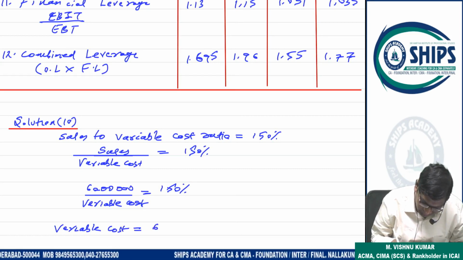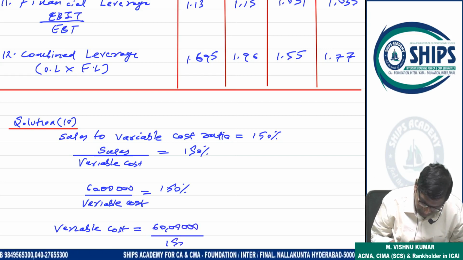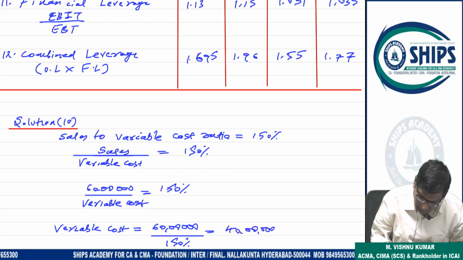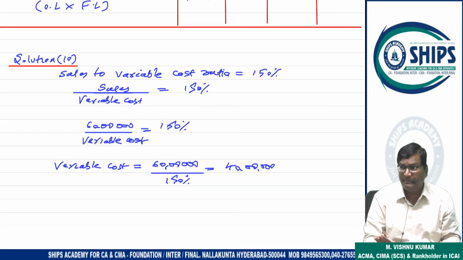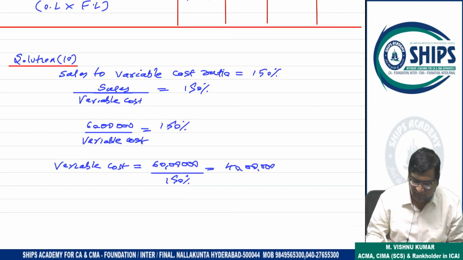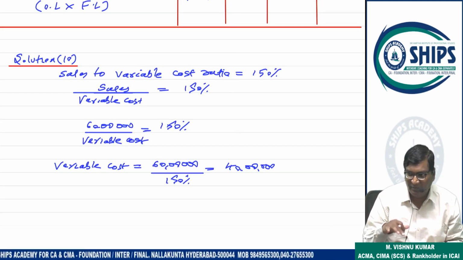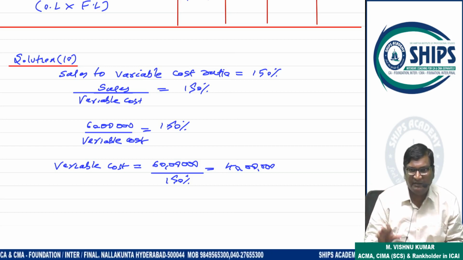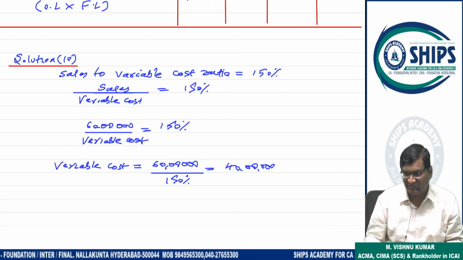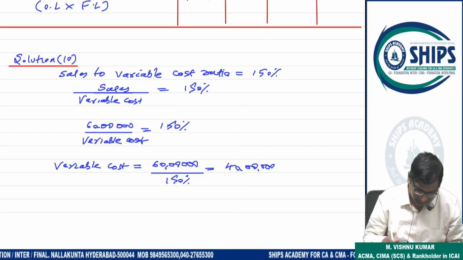So variable cost is 40 lakhs. Is point clear? Now sale minus variable cost, contribution minus fixed cost, EBIT minus interest, EBT. Then all the leverages. Okay.